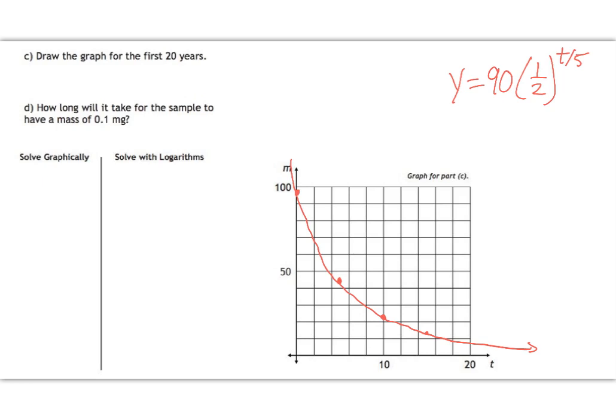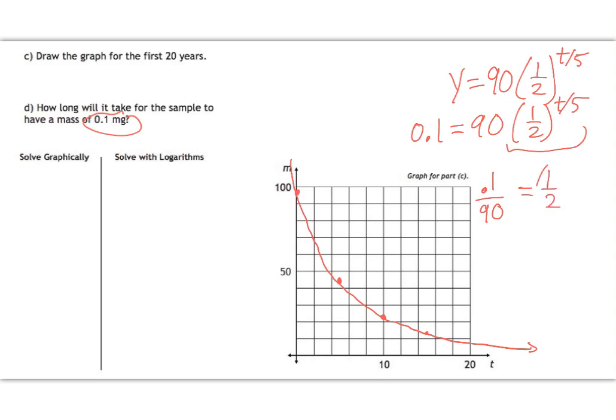The nice thing that we can do here, because getting to 0.1 milligrams seems like that would be kind of hard to do based on this graph, is that we now have logs that we can work with. So if I were to plug that into my equation, I want to get my weird stuff by itself, so we're going to divide by 90. So 0.1 divided by 90, because we all want to do that problem, is equal to 1/2 to the t over 5.